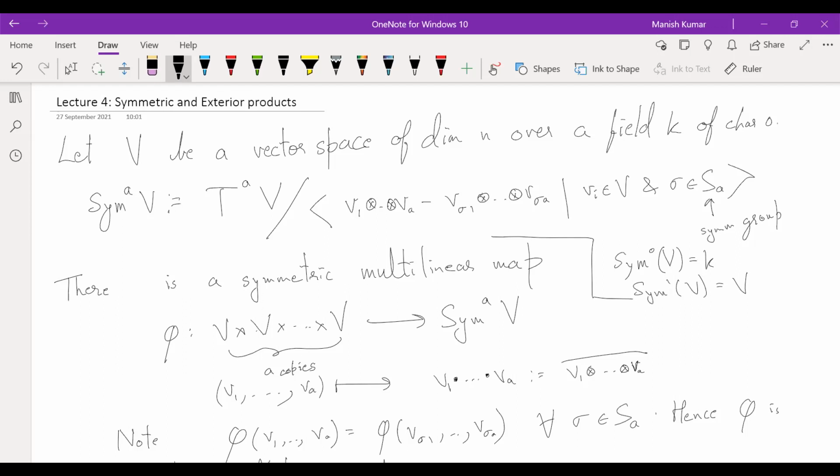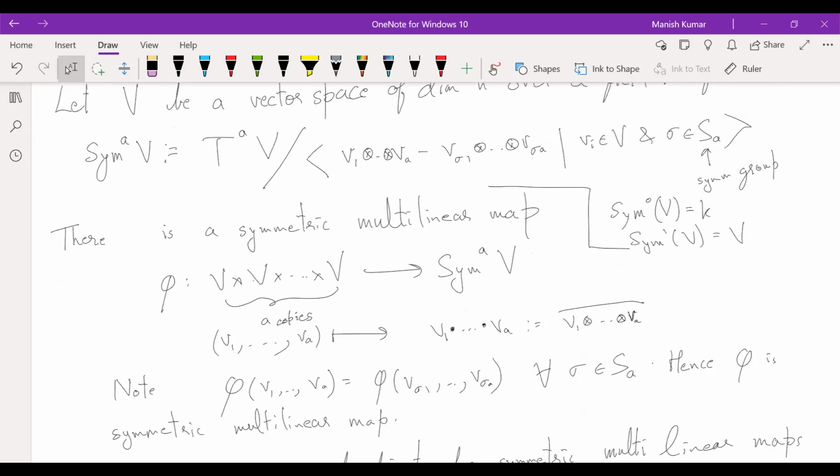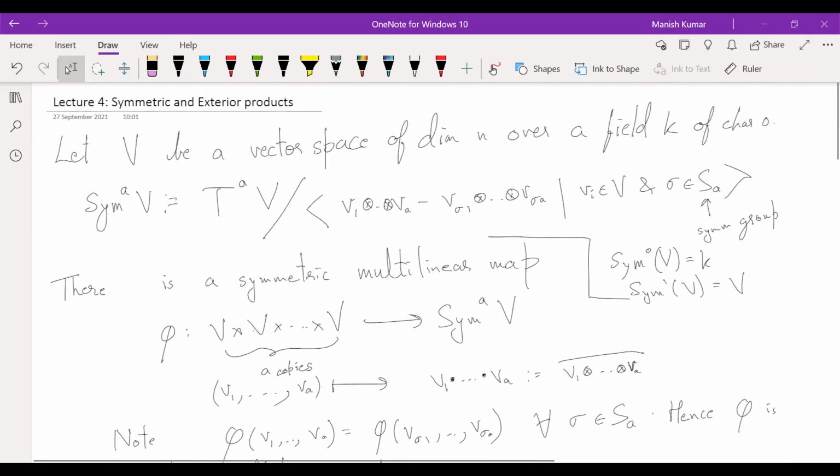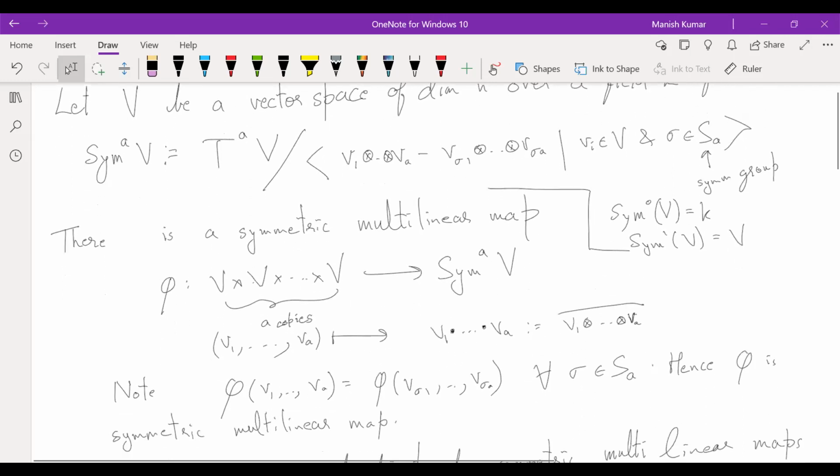Okay, so it comes with a multilinear map from A copies of V to this Sym^A V, and this multilinear map happens to be symmetric. So what is that multilinear map? You take A copies of V and you send it to v1 dot v2 dot ... dot vA.